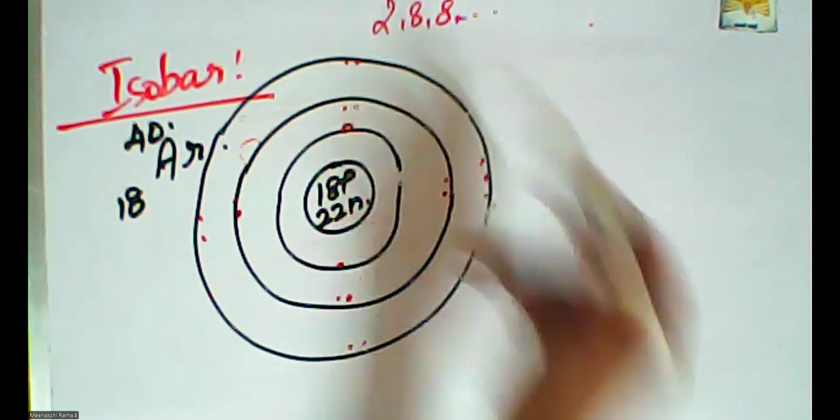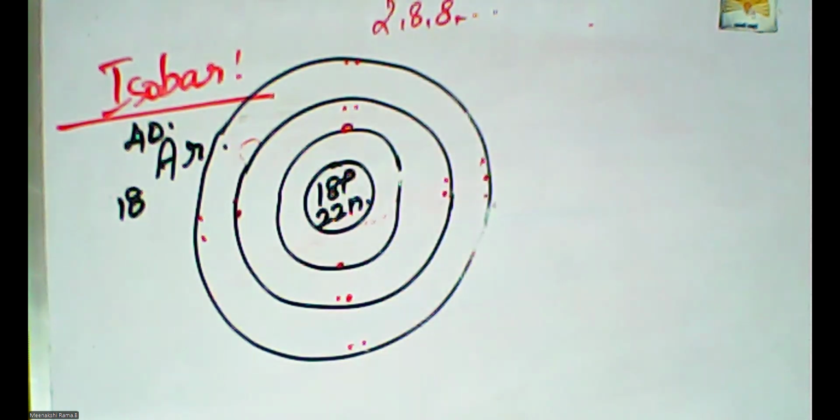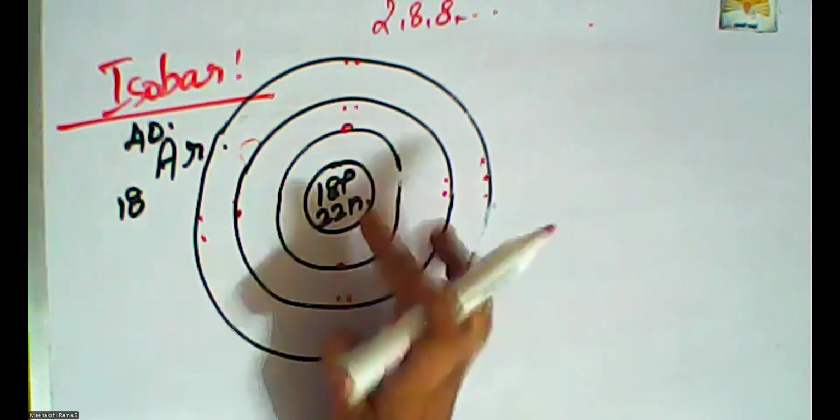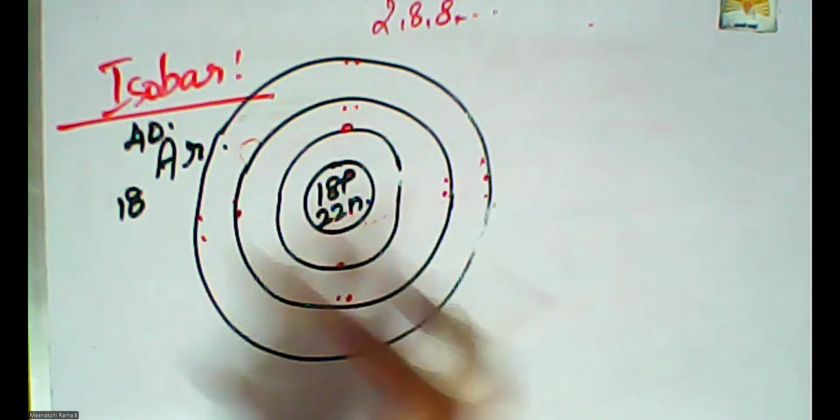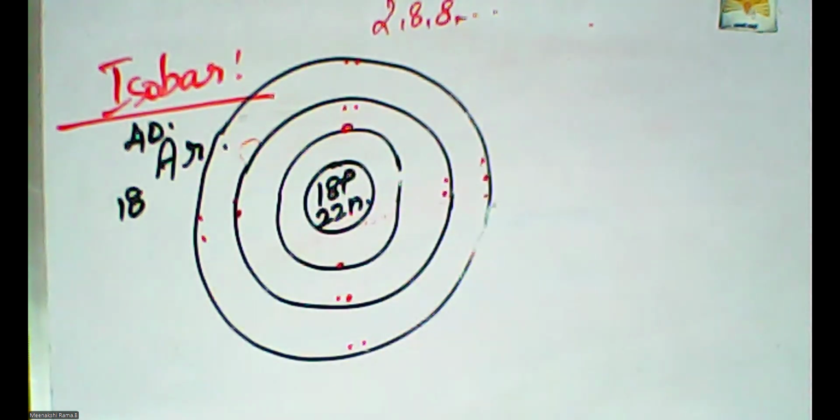So the total number of electrons is 18. The number of protons and electrons is always the same. So the proton number is 18 and the electron number is also 18. This is the structure of argon, the first example of an isobar.